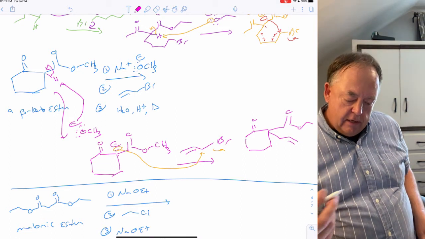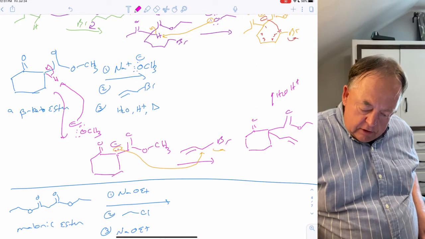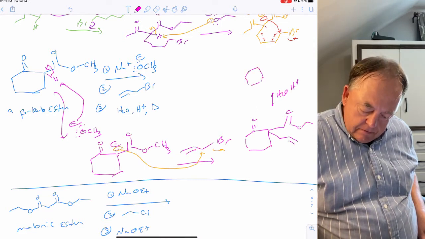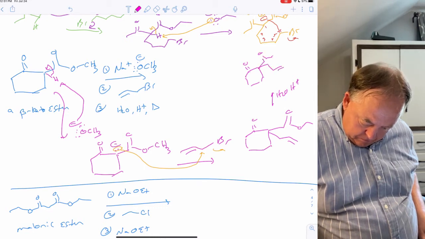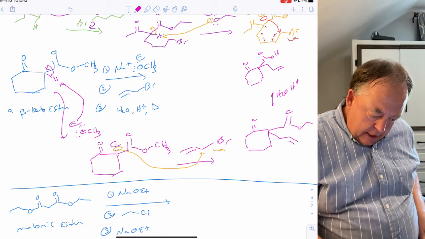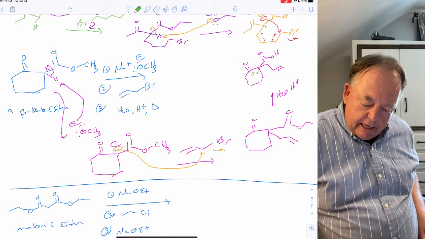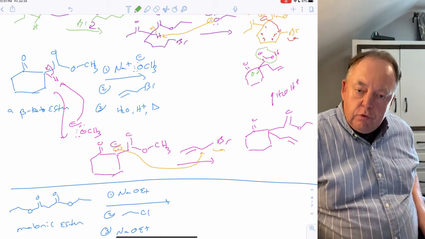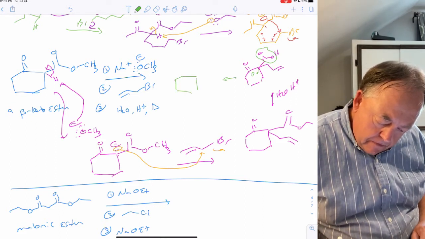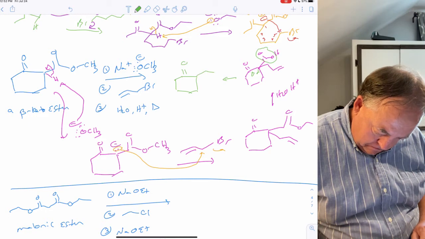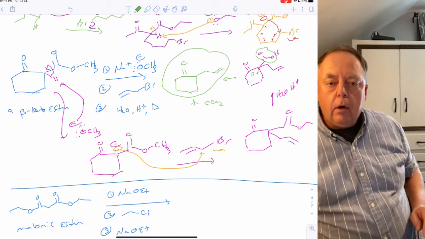So now you have that, and now the H2O, H+ hydrolyzes the ester to a carboxylic acid. And then again, now you have the beta keto acid, so that can decarboxylate, so lose the CO2 and bump the hydrogen down into its place. And then that would be your major organic product.